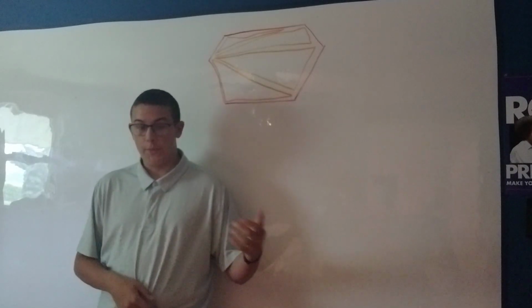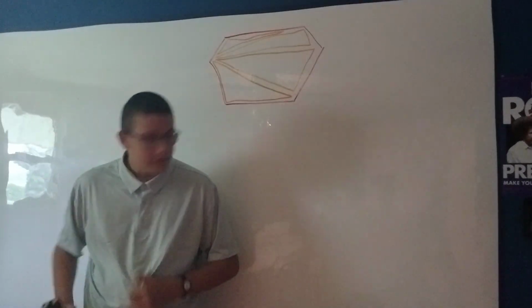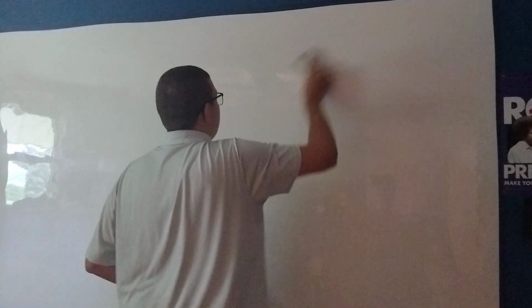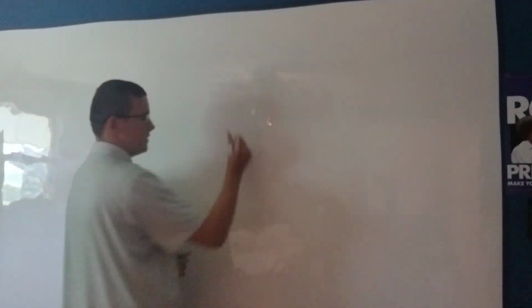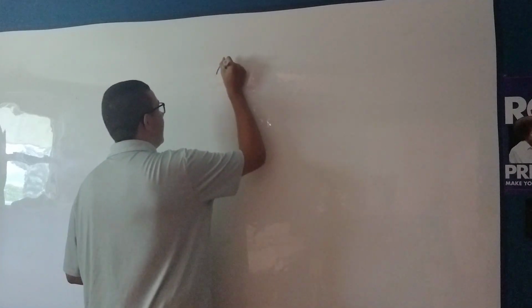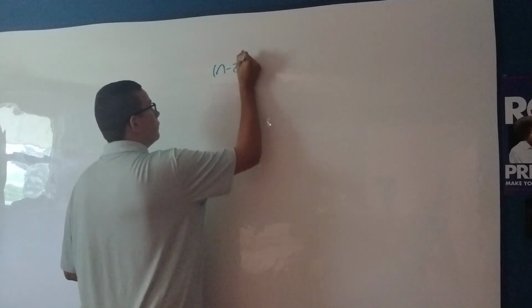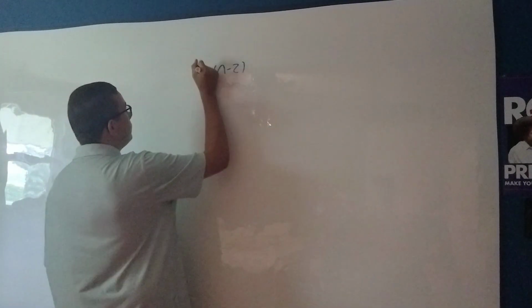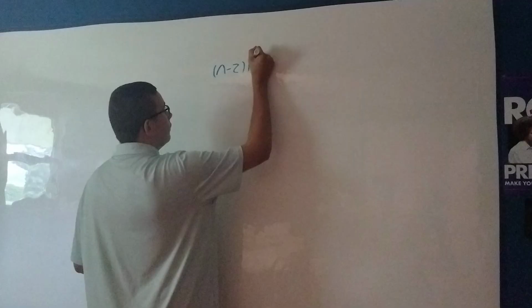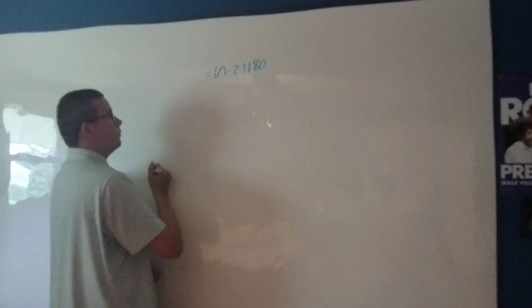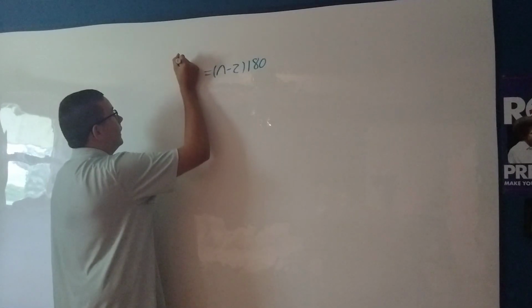So with that being said, we could write out here that, let's say number of sides is n for number. We could do n minus 2 to get the number of triangles that would fit inside. Then we just multiply the number of triangles by 180.